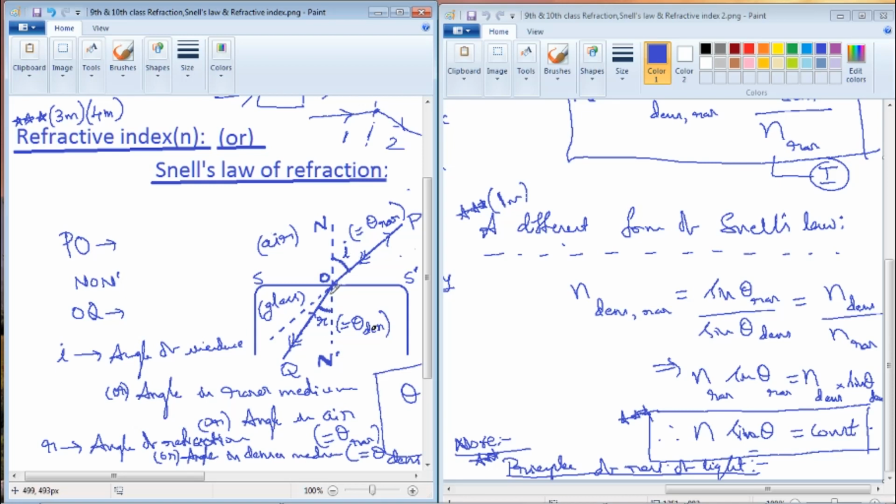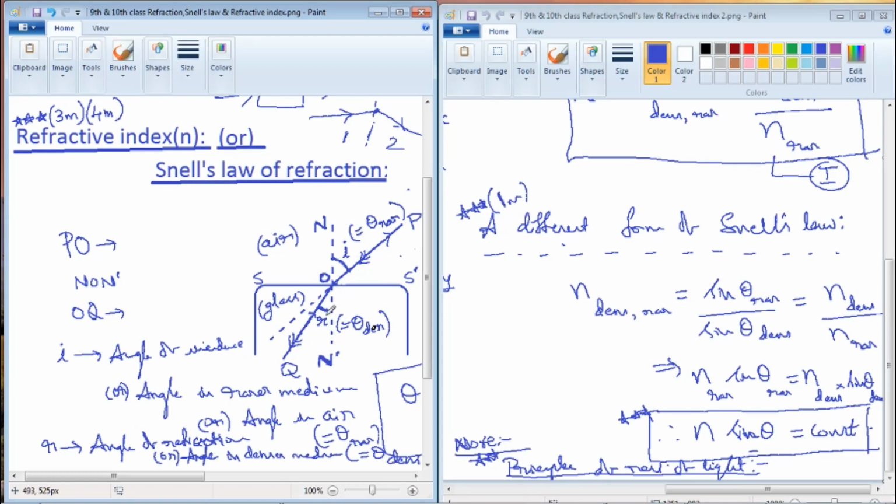So the values are not changing. Due to this reason, whether the light ray is going downwards or upwards, the same symbols I and R are used for the angles in the rarer medium and the denser medium.